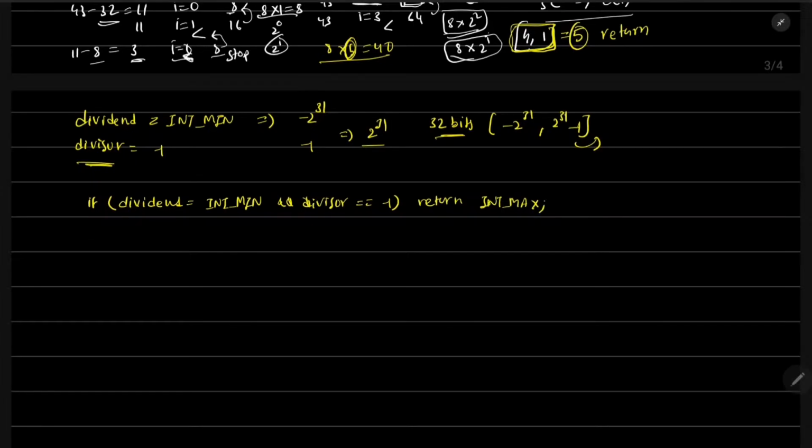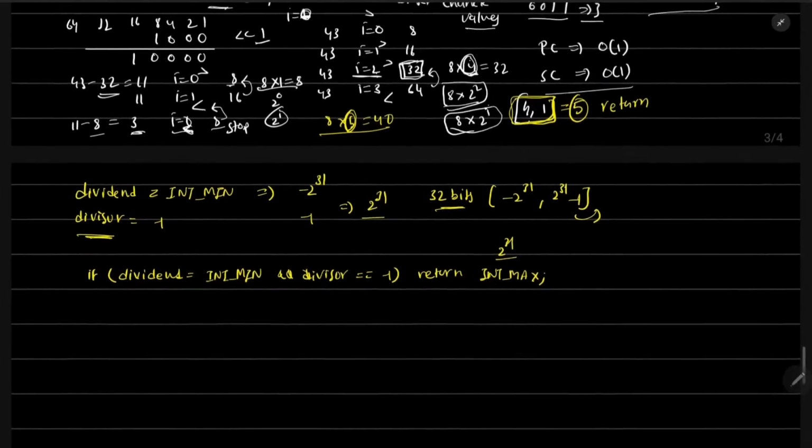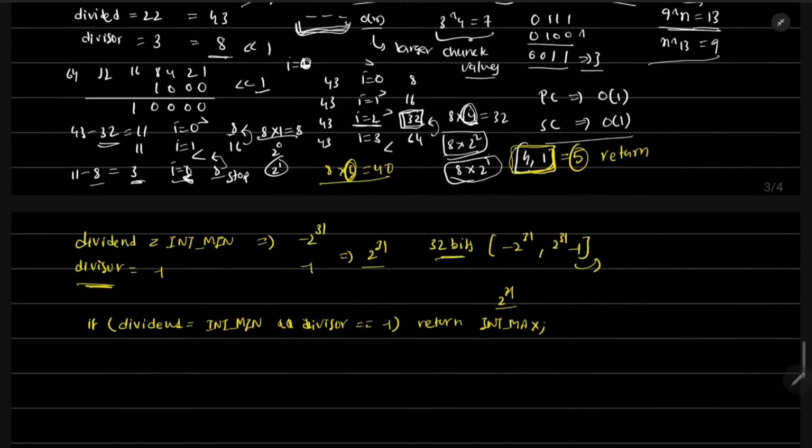Int max is nothing but 2 power 31, which cannot be shown in an integer value. Now after that, what do we have to do? Again, if we see 43 and 8, we got the quotient as 5. What if it is minus 43 or minus 8? It gives rise to minus 5. The coefficient will be minus 5.